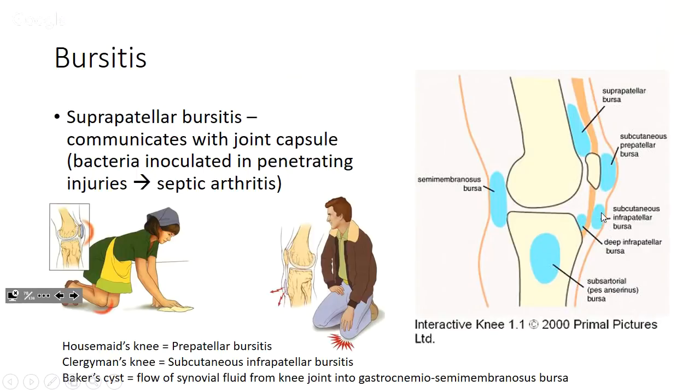Whereas with housemaid's knee, they're leaning forward, trying to wash or clean the floor, so that affects the prepatellar bursa. And Baker's cyst, some of you may not know, is an outpouching of the synovial membrane into the posterior area of your knee, in the popliteal fossa.